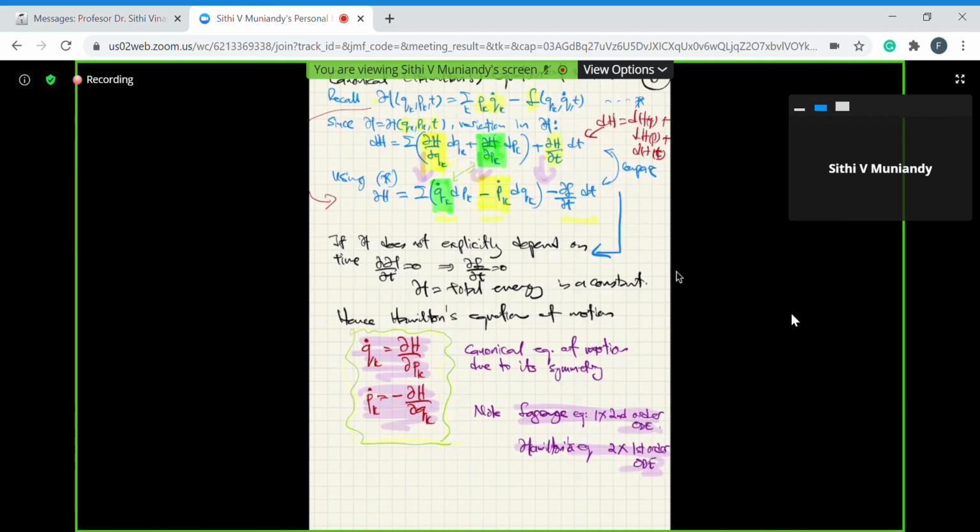So the toolbox, from our perspective, is: you need to know how to calculate the Lagrangian, how to calculate the momenta, and how to calculate the Hamiltonian. Once you get the Hamiltonian, you write down the equation of motion, which is based on these quantities.